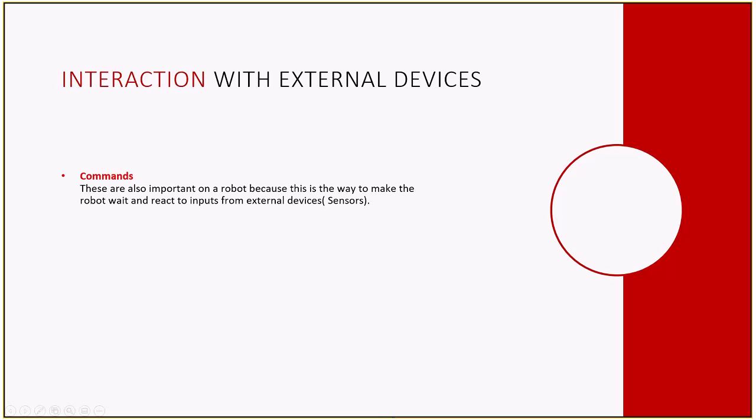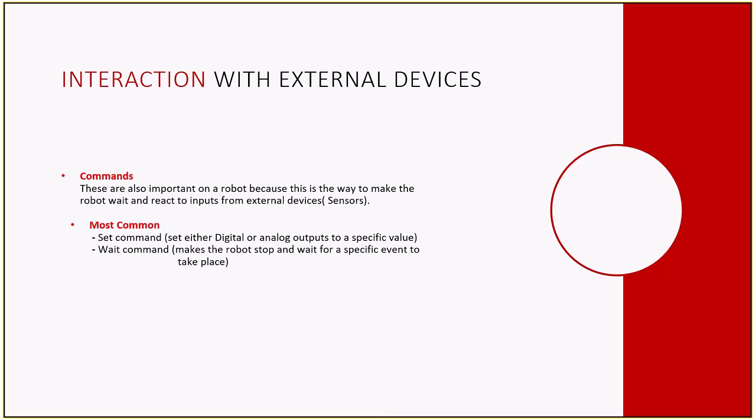Interaction with external devices. Comments are also important on robots because this is the way the robot waits and reacts to inputs from external devices such as sensors and other devices that we can put on it, cameras and whatever else you want to put on it.